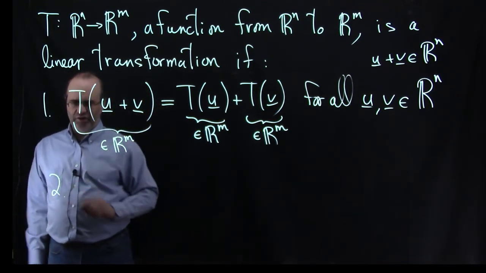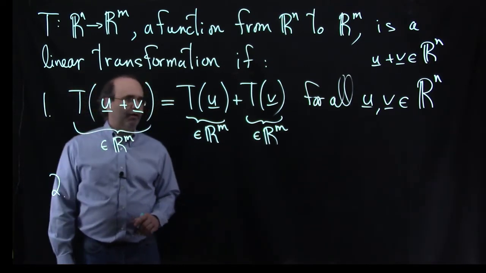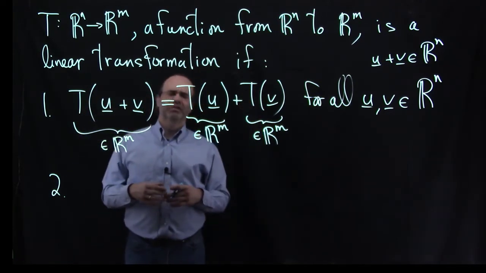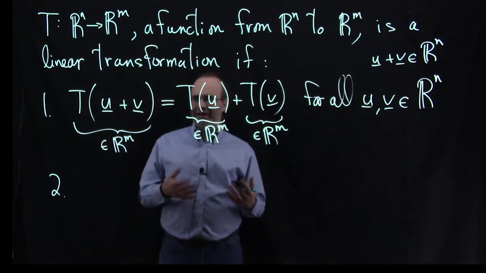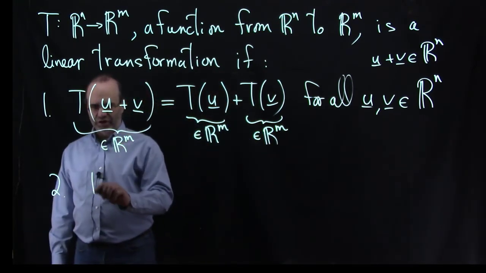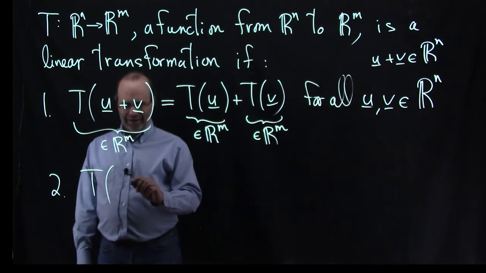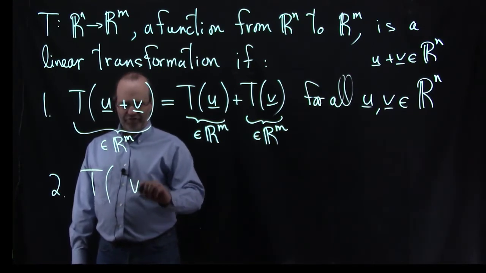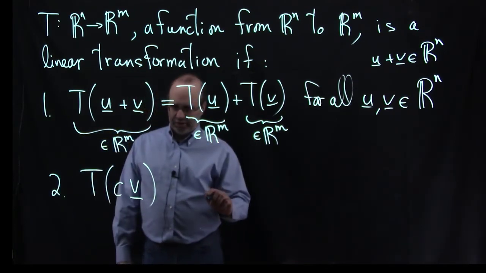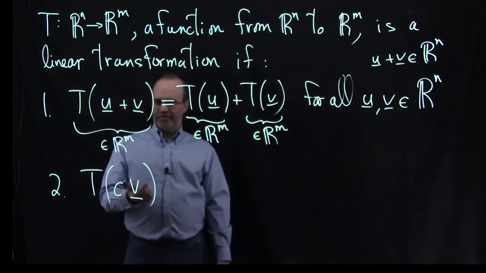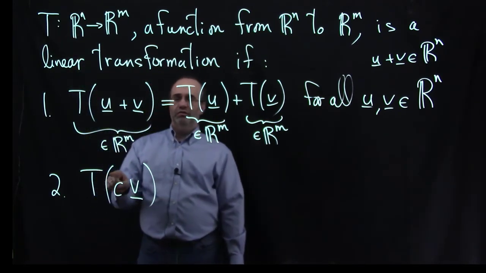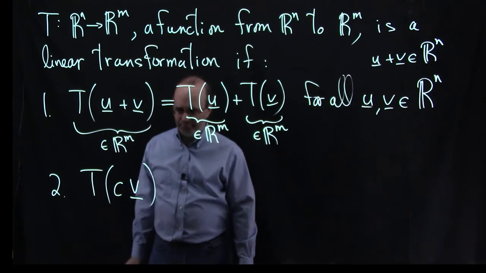The second condition has to do with scalar multiplication. This first condition has to do with addition of vectors, so what other operation do we have with vectors? Well, we always have scalar multiplication. So the other condition is that you can start with your vector v and multiply it by some scalar c. You first multiply v by c inside Rn, and then you apply the linear transformation T to end up in Rm.